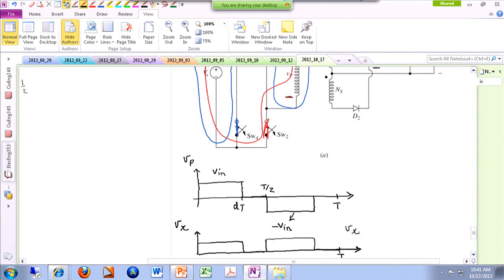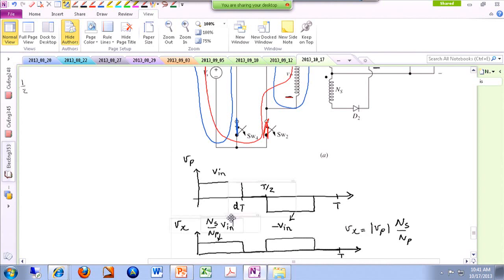So Vx is like the absolute value of V primary. Obviously, there is a turns ratio involved, N secondary over N primary. So this would be N secondary over N primary times Vn. All right, something like this. Exactly the same as what we had for the push-pull converter.